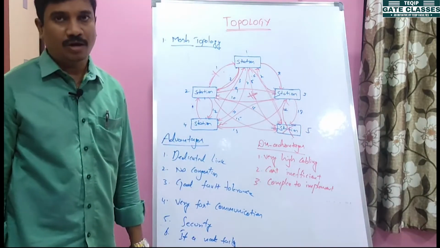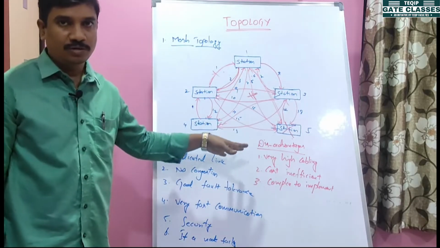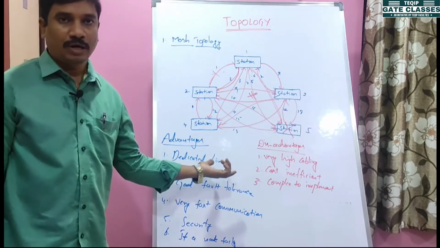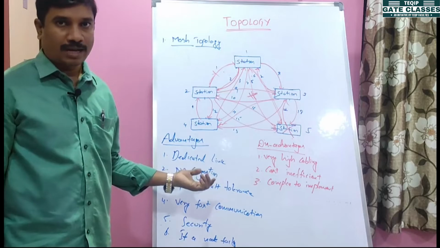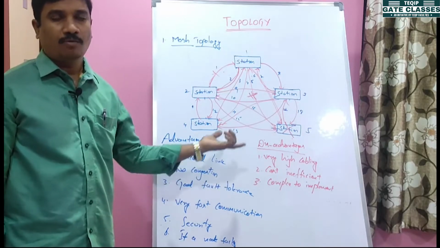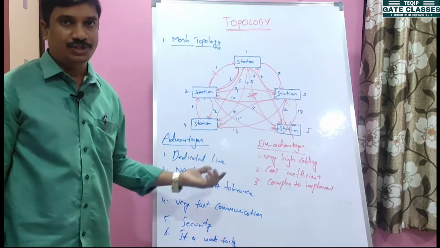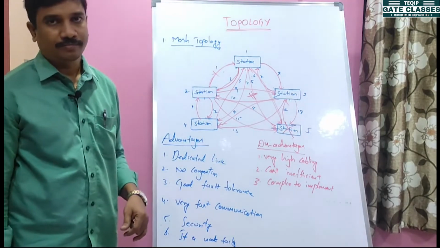Suppose we have to install a new computer in the network. If 1 lakh computers are there, we have to give 1 lakh minus 1 cables and 1 lakh minus 1 ports for that device, for that station. So these are the drawbacks of the mesh topology.